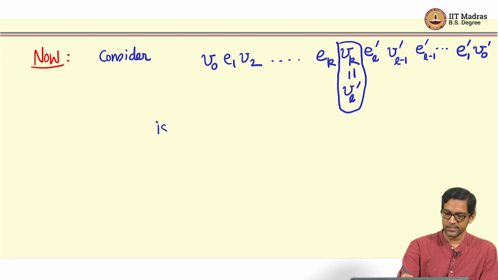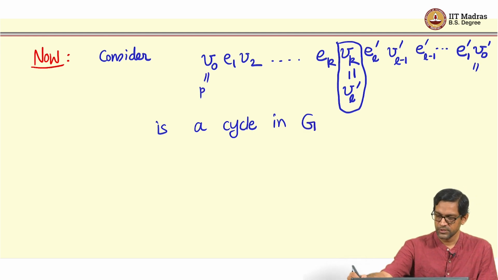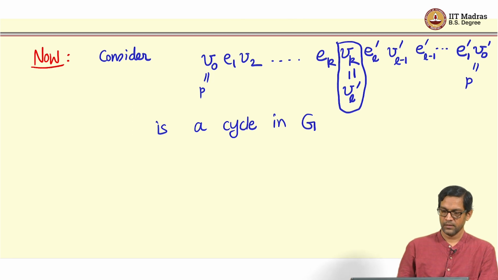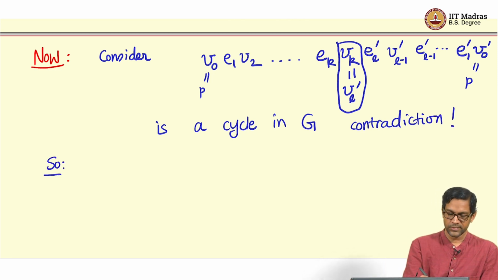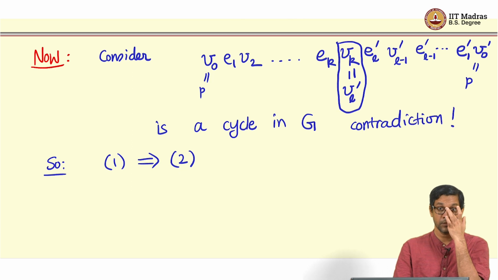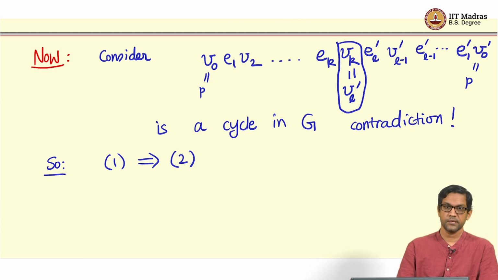Now this is in fact a cycle in the graph G, because V0 is also P and V0 prime is also P. So this is the contradiction that we needed. So what have we done? We have argued by contradiction, and we have shown that statement 1 implies statement 2.